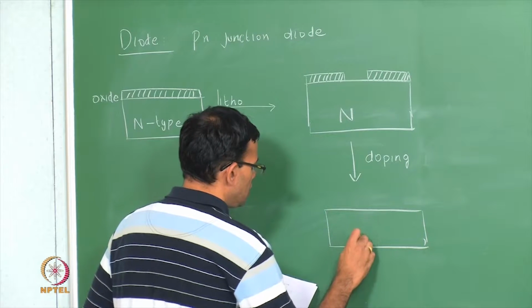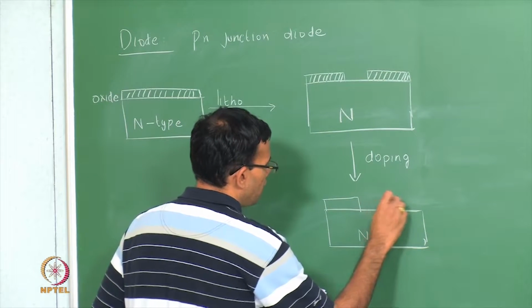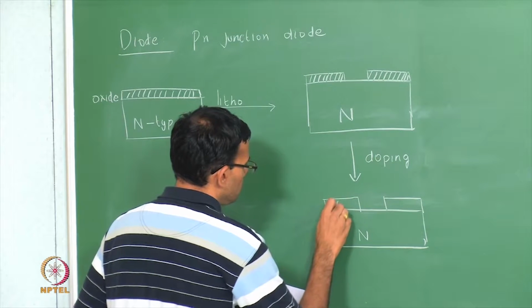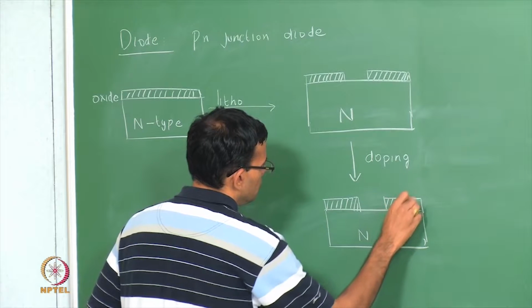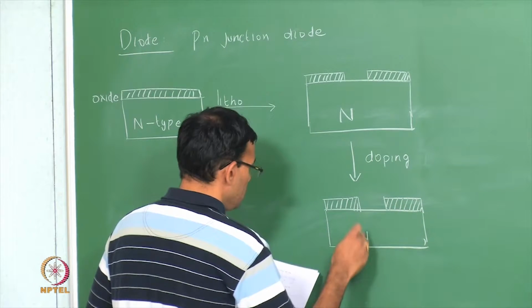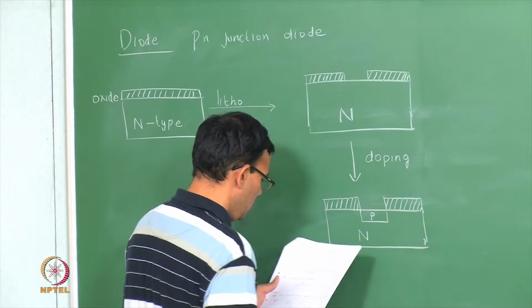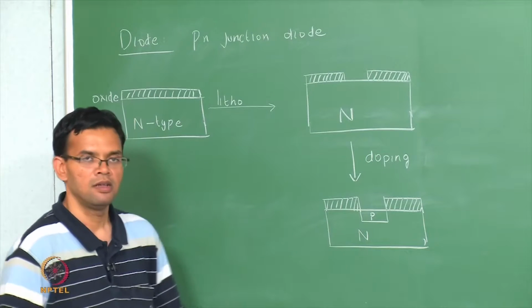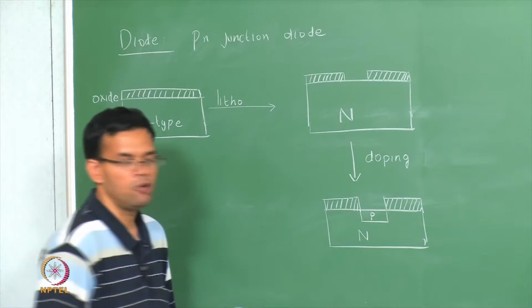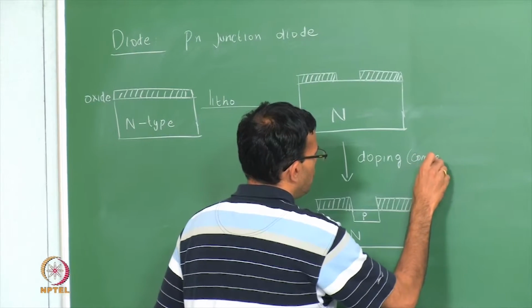So, when we do this, we have your N type, you still have the window, and then I have my P type. So, now you have a PN junction, P and N. Typically this kind of doping we have seen earlier is called your compensation doping.